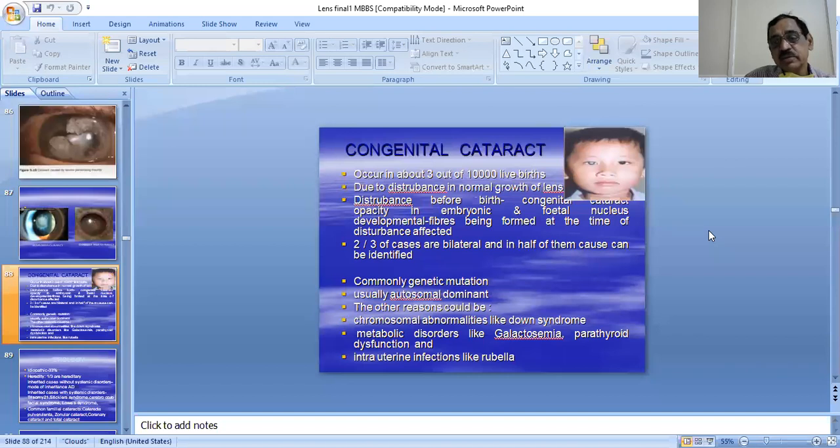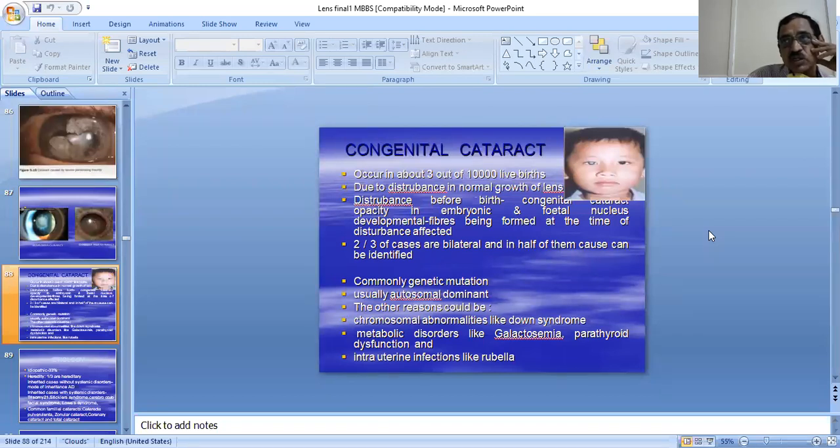and normal. Okay. Congenital cataract occurs in about 3 out of 10,000 live births, and as I have already told you, it is due to the disturbance in the formation of the lens during the particular period.